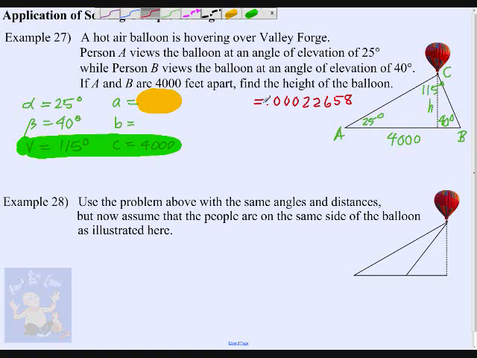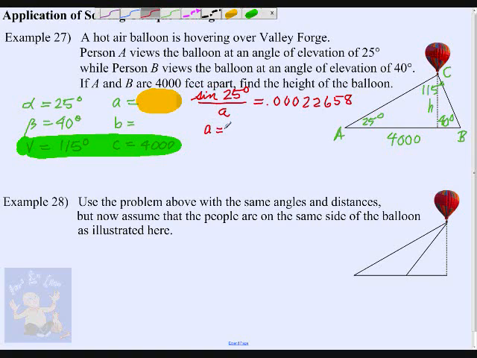That's my ratio. And I'm interested in finding A, so I'm going to take the sine of alpha over A, and we'll find out what this length here is.